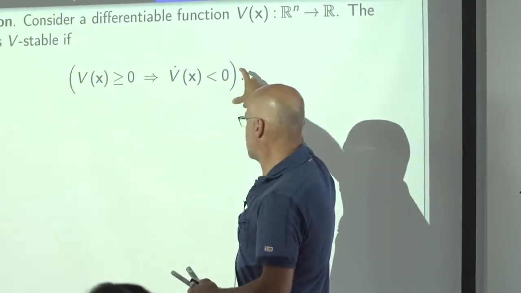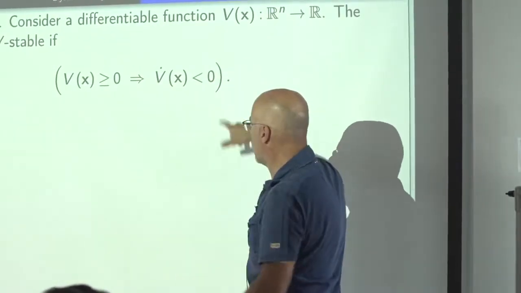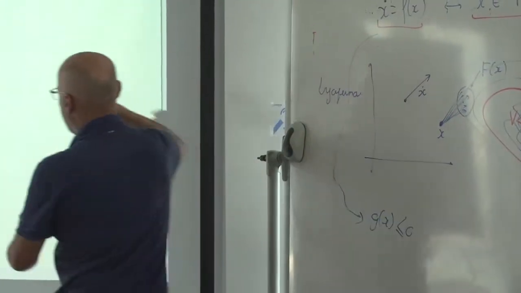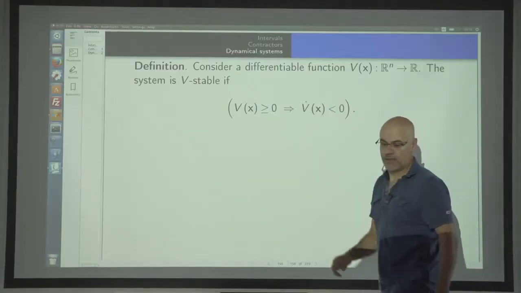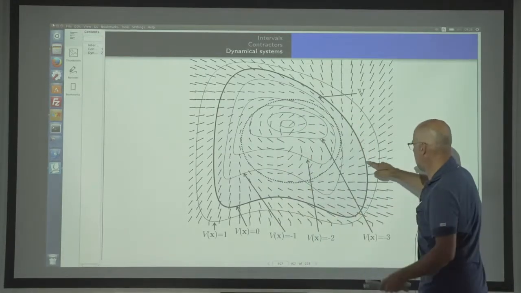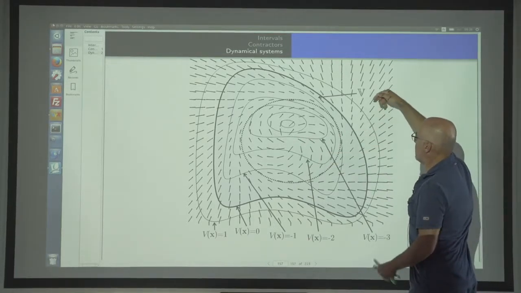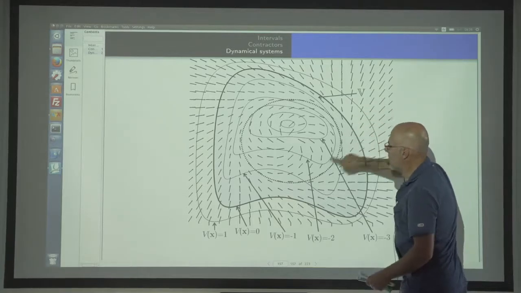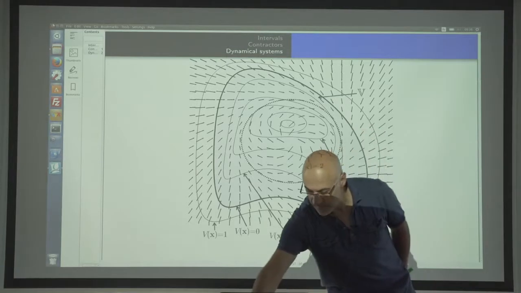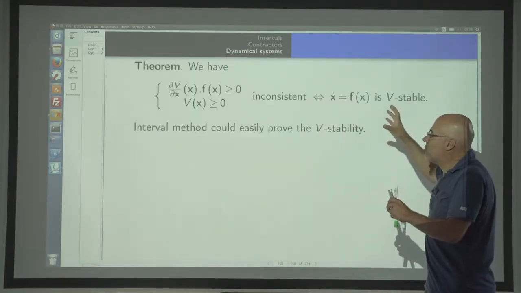So this corresponds to a constraint satisfaction problem, because thanks to this, you can transform into inequality. The inequality I try to represent here: V equals 0, V negative, V positive. You will decrease, but once you are here, you can converge to a limit cycle, whatever. You have some kind of theorem, quite easy to prove.